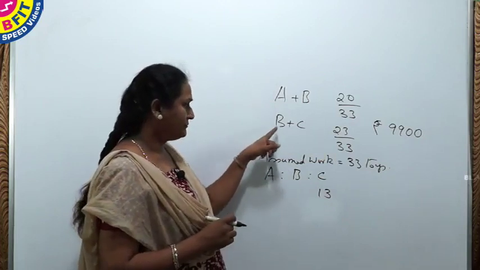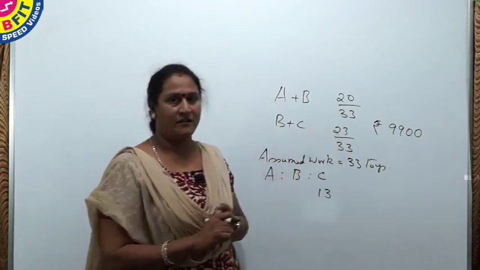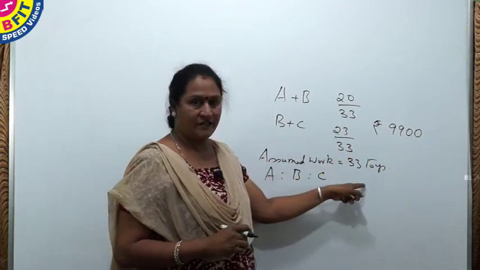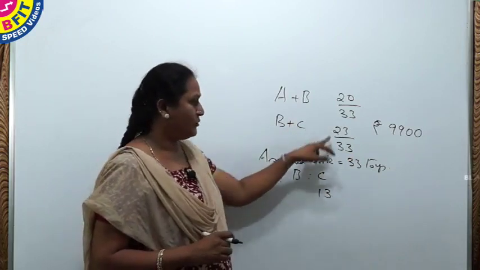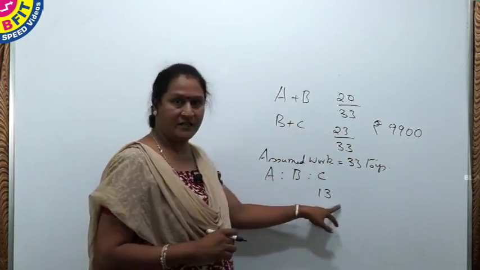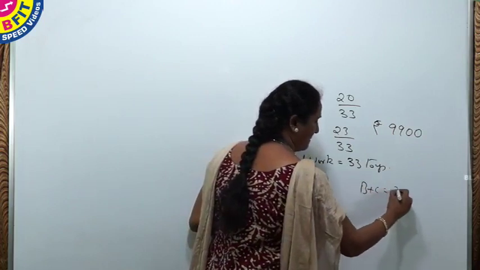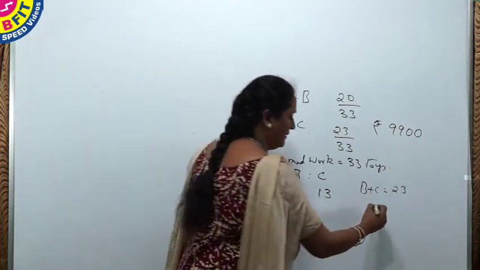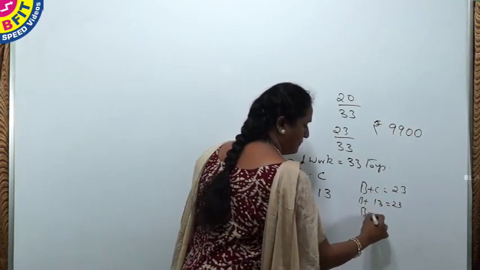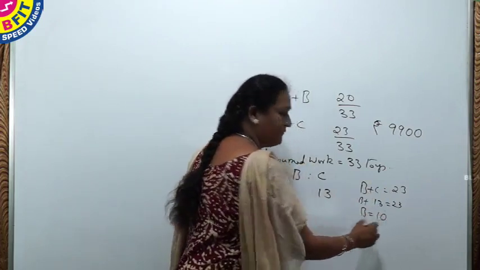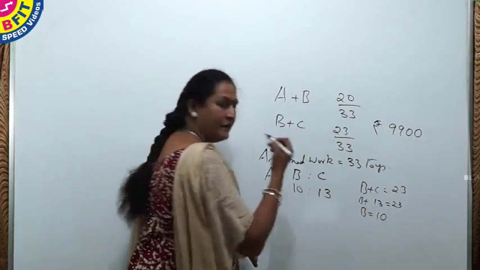And the detail given for B and C is that they have done 23 by 33 of the work. It means out of 33, B and C together have done 23 toys. If B and C together did 23 and C did 13, then by subtracting, B has done 10 toys.